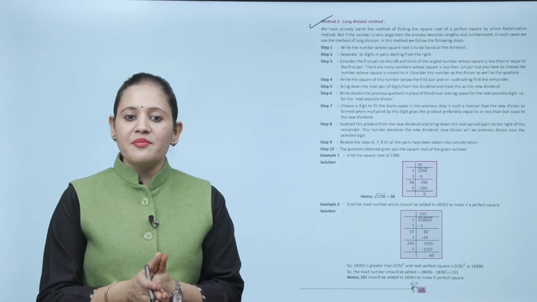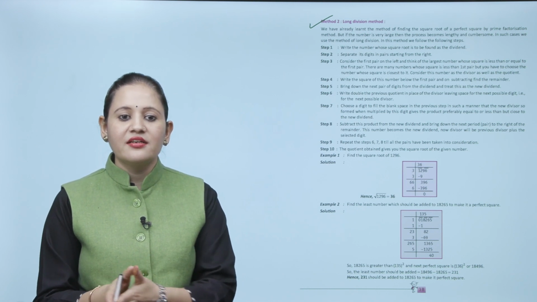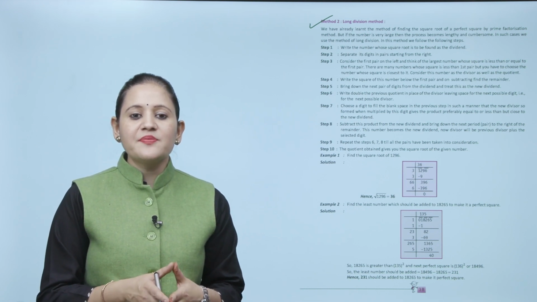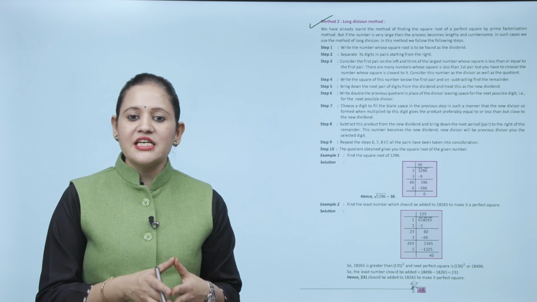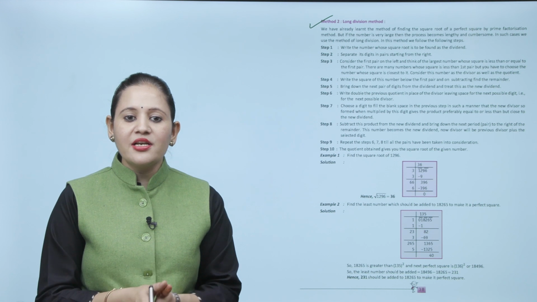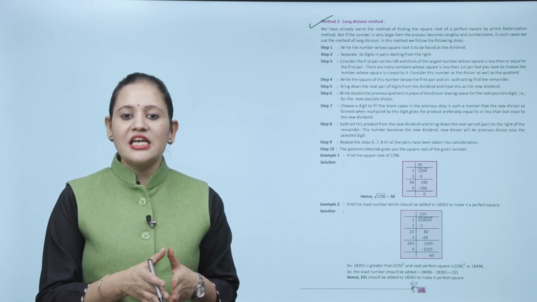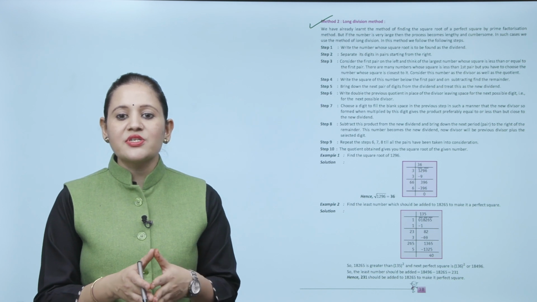Write the square of the number below the first pair and on subtracting find the remainder. Bring down the next pair of digits from the dividend and treat this as a new dividend. Write double of the previous quotient in place of the divisor, leaving space for the next possible digit.